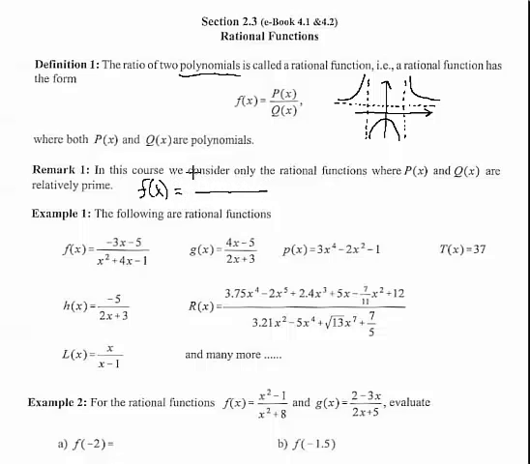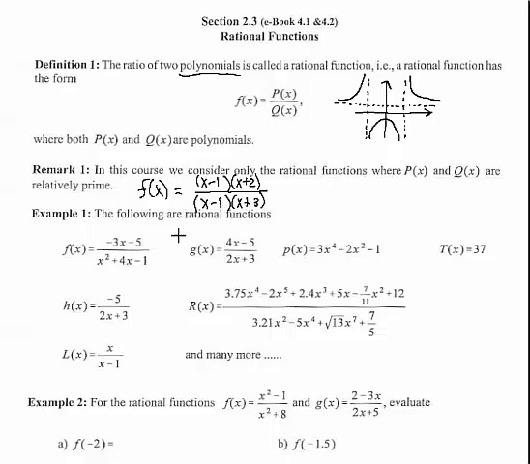For instance, if we had the polynomial x minus 1 on the top times x plus 2, and then on the bottom we had an x minus 1 again, and perhaps x plus 3. So if we factor the polynomials, they will not have common factors like the x minus 1 here. So we don't consider these.